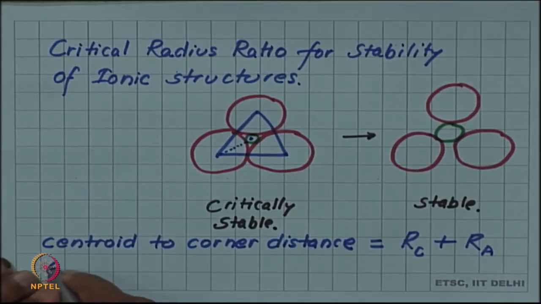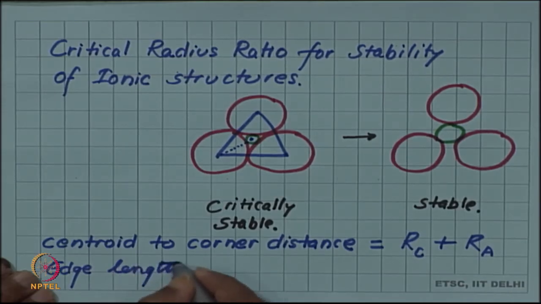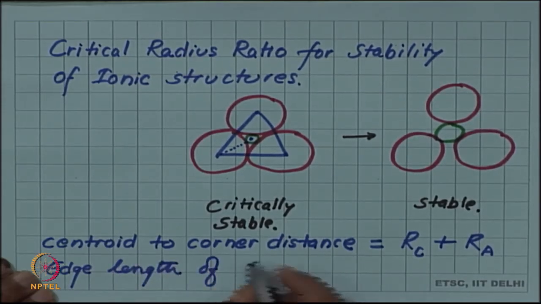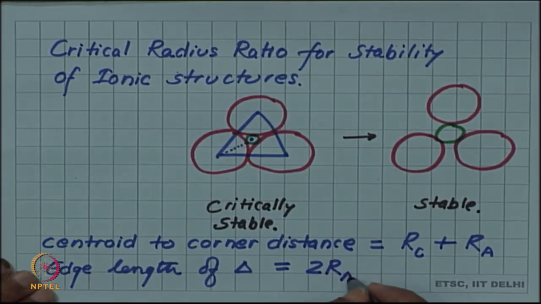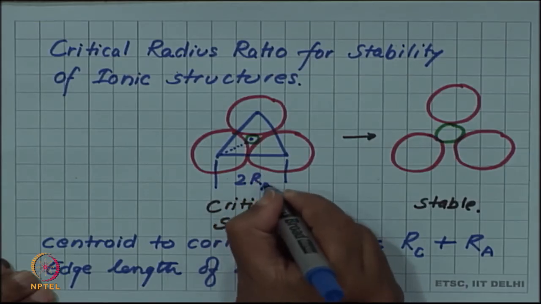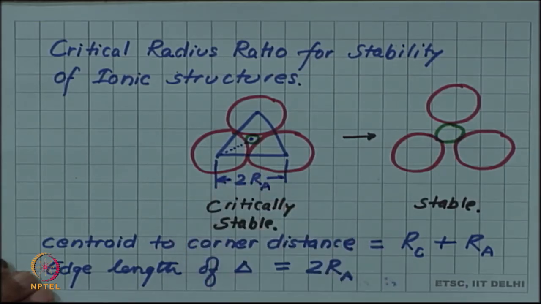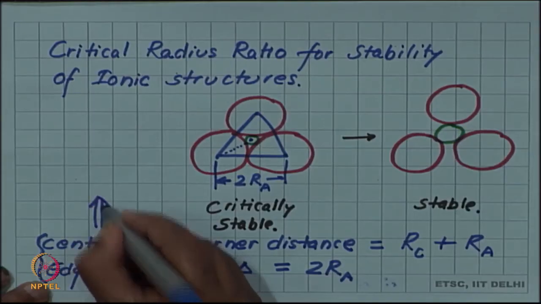Whereas the edge length of the triangle is equal to 2 times R anion. This is 2 R anion. And then if you use the geometry of equilateral triangle, you can find the ratio of R C to R A. I leave this as an exercise to you to do.